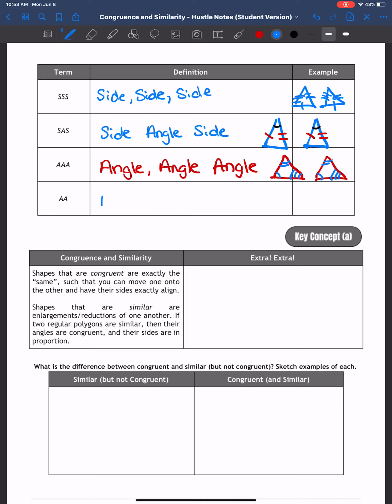And then you have angle, angle, which works with triangles. If your two triangles have two angles that are congruent, so this angle is congruent to this angle and this angle is congruent to that angle, we know that the triangles are similar because the third angles will also be the same.